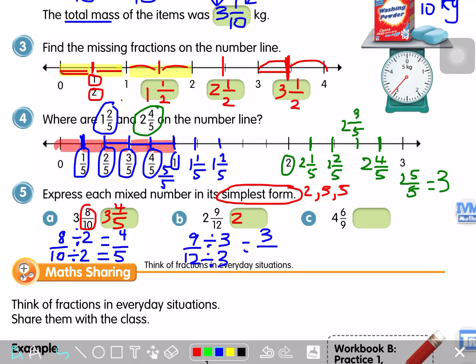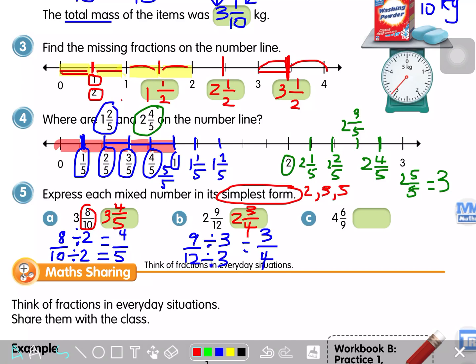Yes, it can be divided by 3, that is 4. Okay, now we check, should we simplify more? 3 cannot be divided by 2, 3 can be divided by 3. But how about 4? Can 4 be divided by 3? Cannot. So we'll keep it as that. 9/12 is simplified to 3/4. So 2 and 9/12 is simplified to 2 and 3/4.